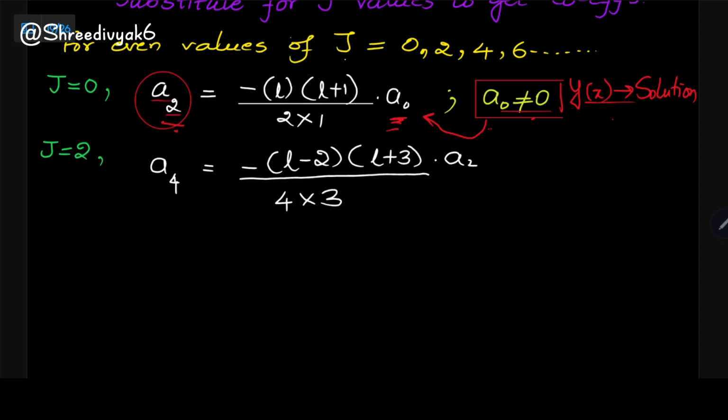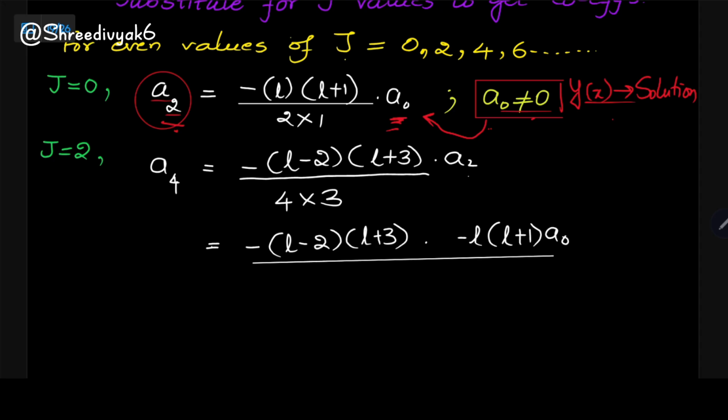Since I know the value of a2, let me substitute it there: minus (L minus 2) into (L plus 3) into a2, where a2 value is minus L into (L plus 1) into a naught, the whole divided by 4 into 3 into 2 into 1.